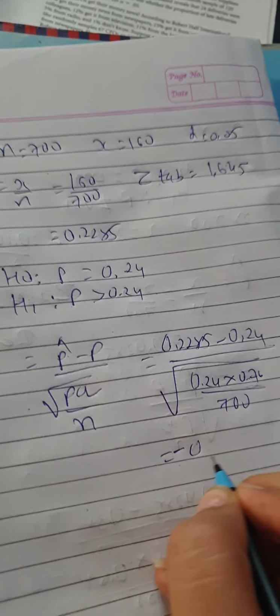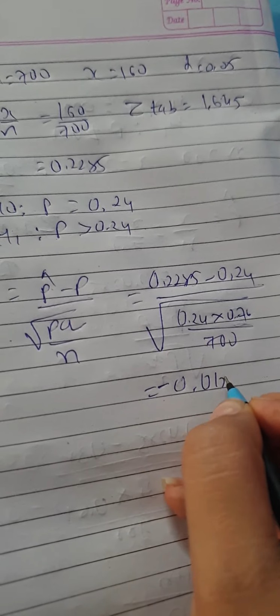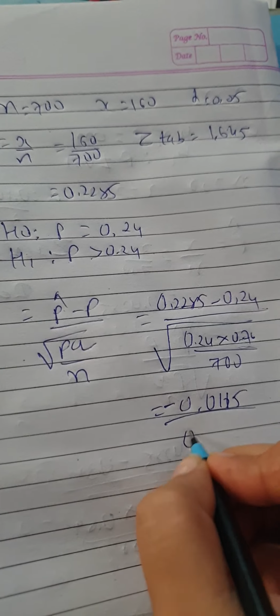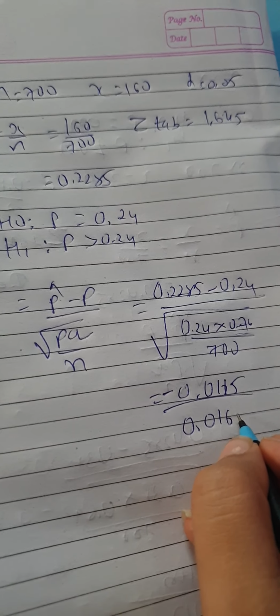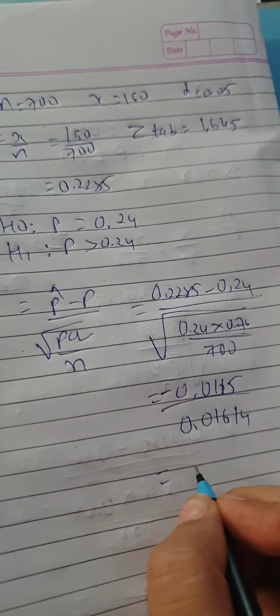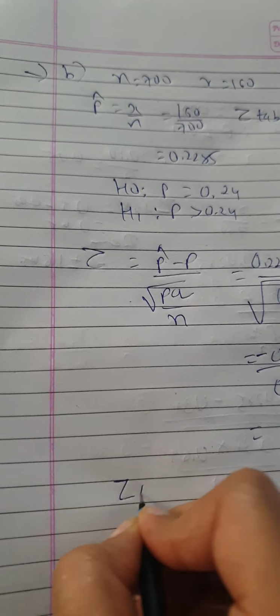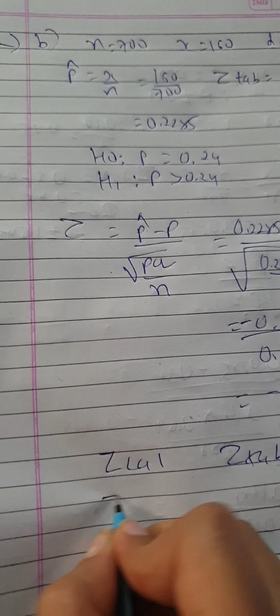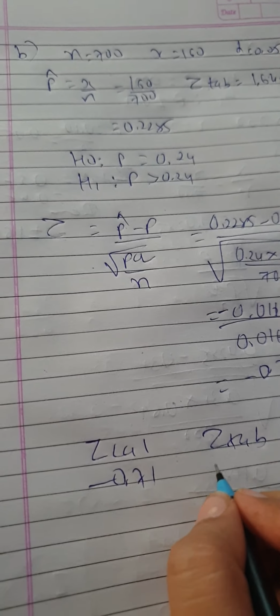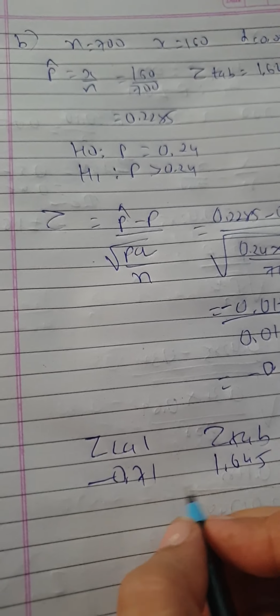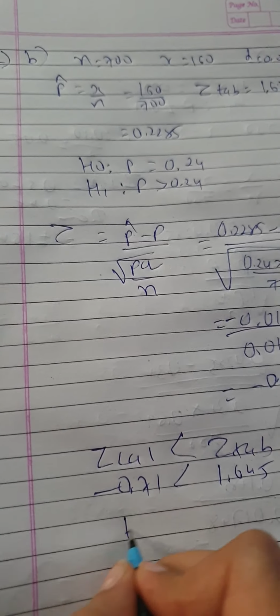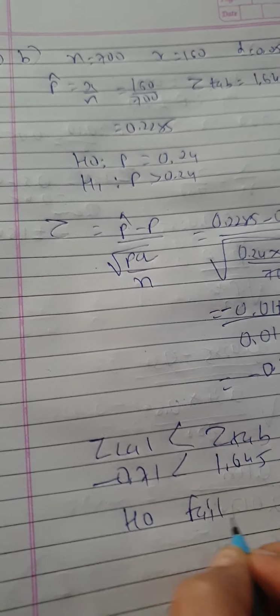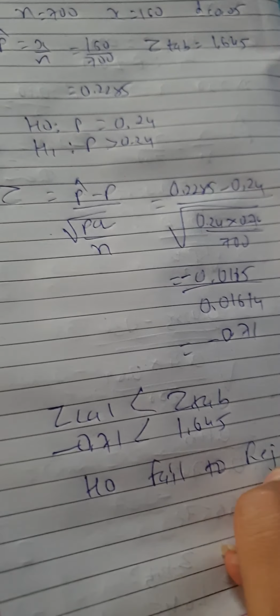So minus 0.0115 upon 0.01614, so minus 0.71. So your z calculated value and z table value: calculated value is minus 0.71, table value 1.645. So table value is more, H0 will fail to be rejected.